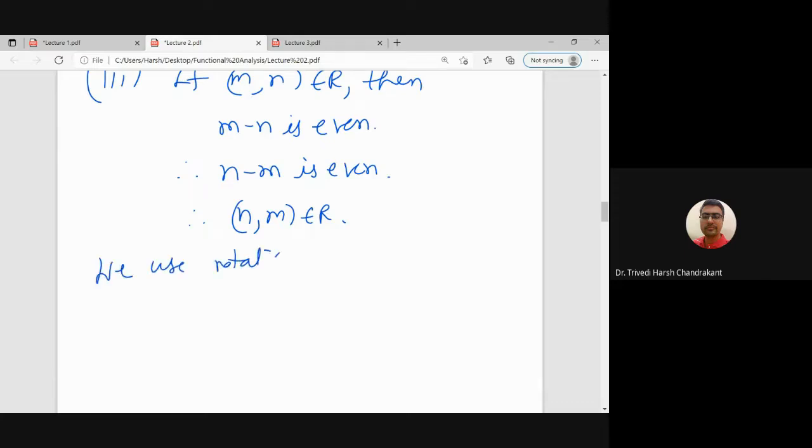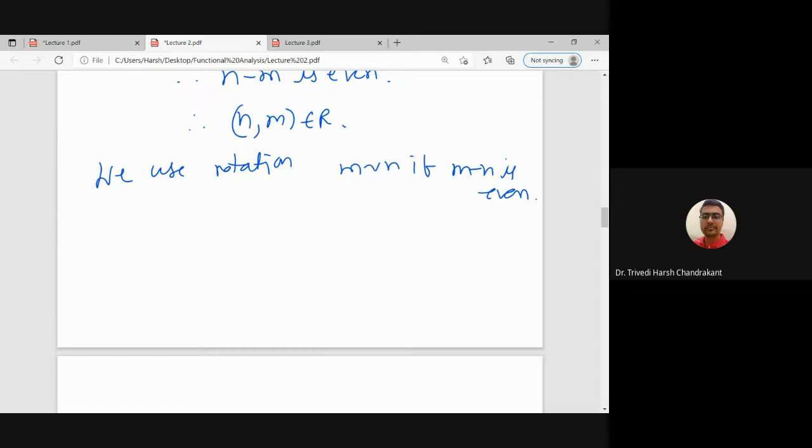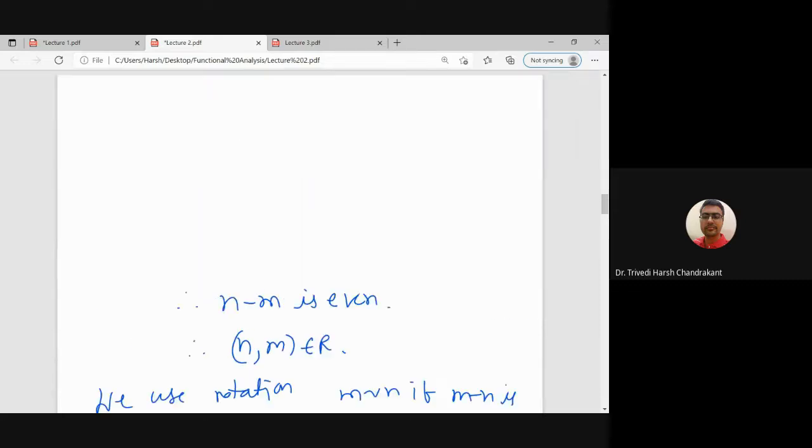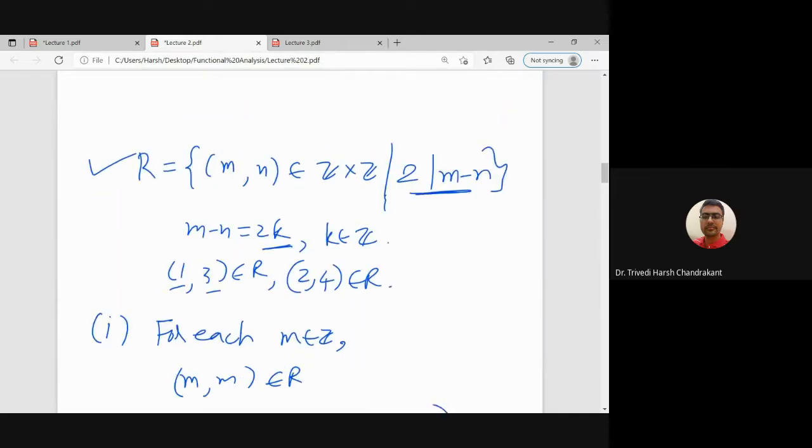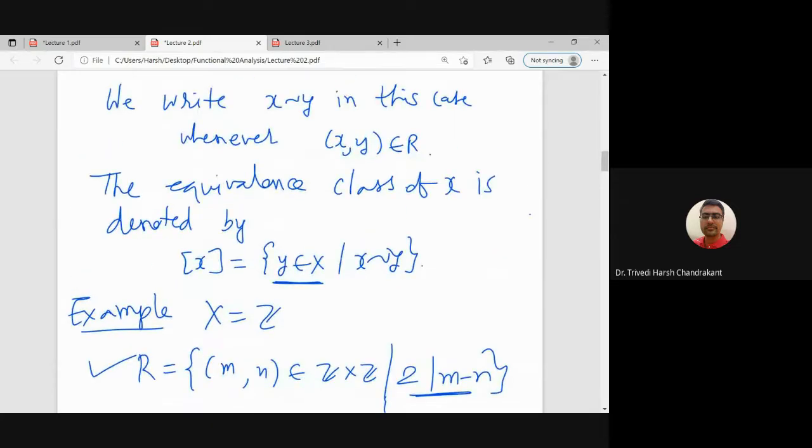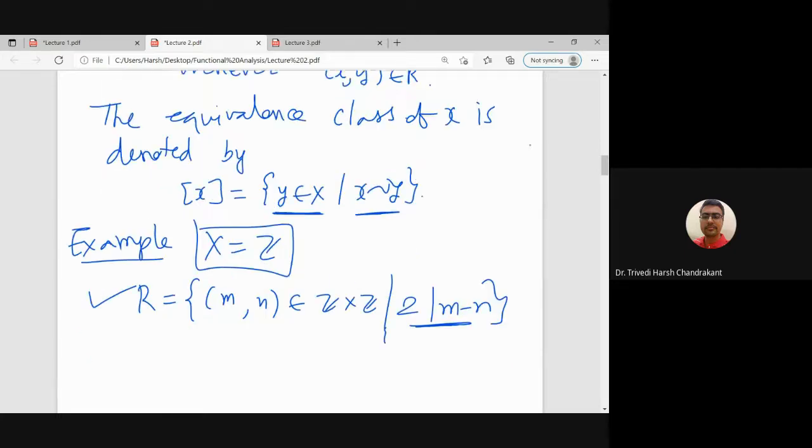And once it is an equivalence relation, we use the notation m is equivalent to n if m minus n is even, right? So now what you just said, that if you find the equivalence class of 1, then by definition it is the set of integers such that x and y are related.